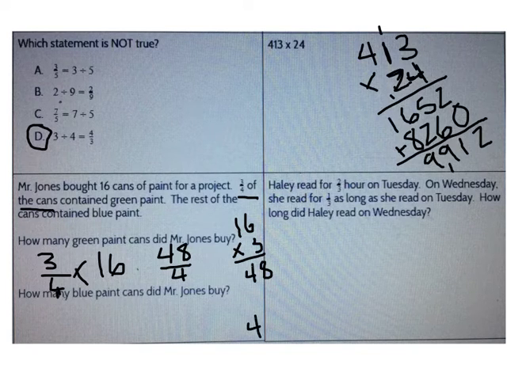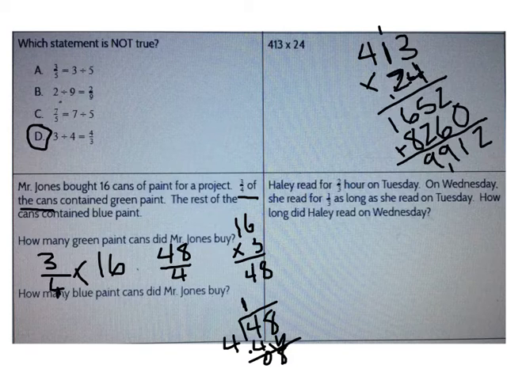Well, 4 goes into 4 one time, that's 4. Subtract and I have 0 left over. Bring down my 8. 4 goes into 8 two times. 2 times 4 is 8. So I have no remainder. The answer is Mr. Jones bought 12 cans of green paint.